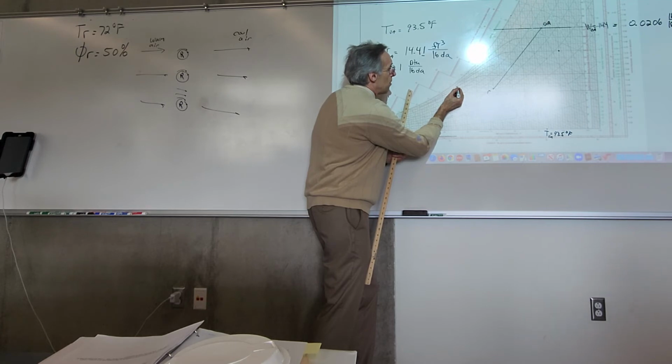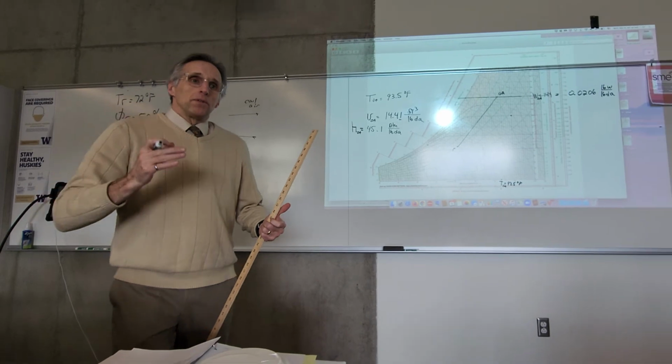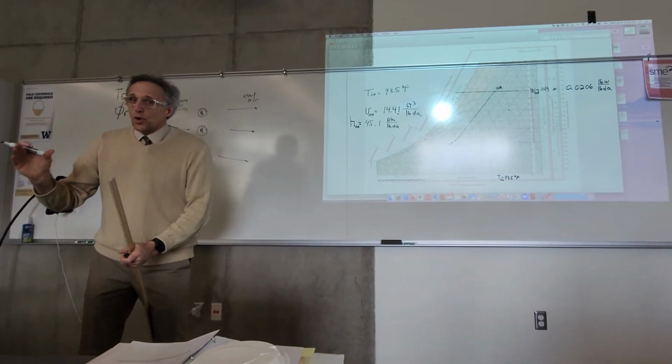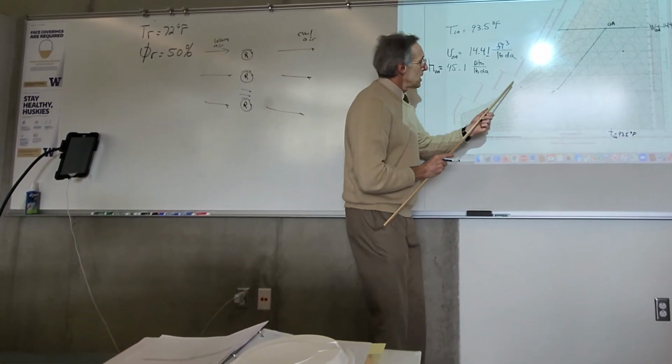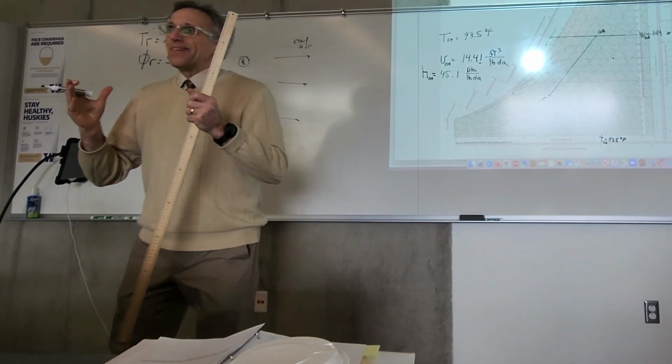Now, I'll tell you right now, when you come off of an air conditioning coil, the air that's right on the coil is going to be at saturation, so it's going to be at 100% humidity. But on average, it's going to be about 90%.